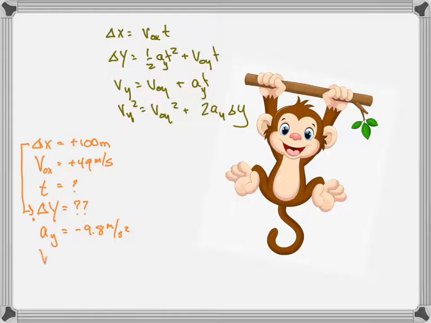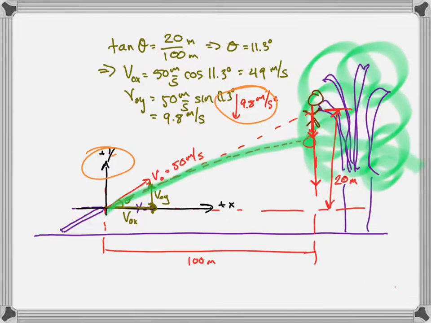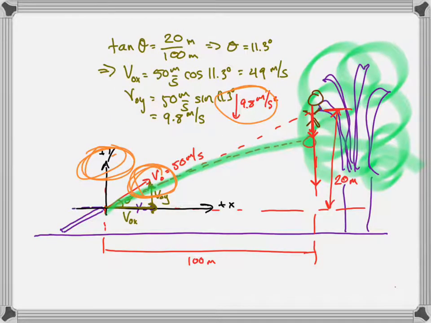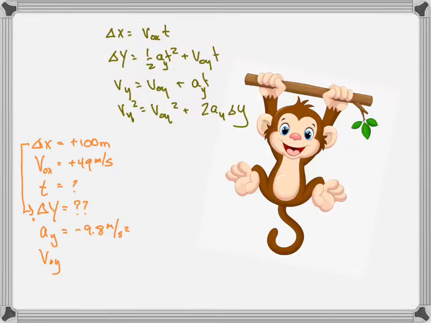V0y is, again, up, and we've chosen the y direction as up, so that's positive. Oops, what's the number? It's plus 9.8 meters per second. That was just coincidental. It had the same number.